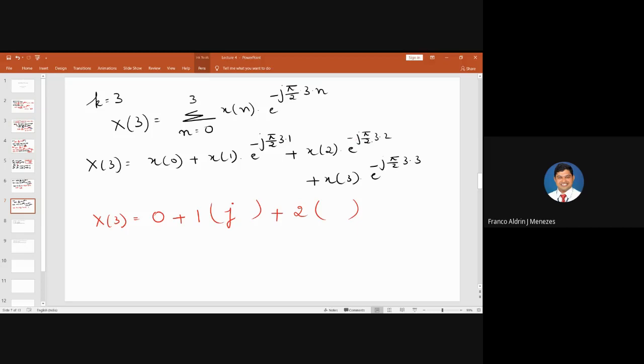Then minus 1, plus 3 times e to the power of minus j 9 pi by 2, since 3 threes are 9. That is minus j. Now what will be x of 3? x of 3 is equal to minus 2 minus 2j.